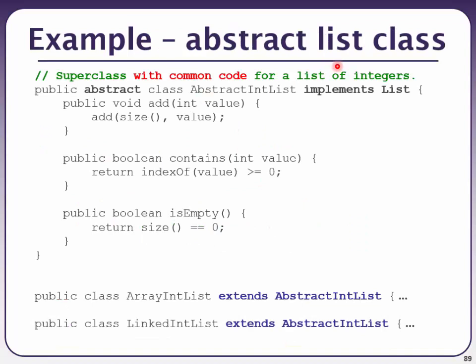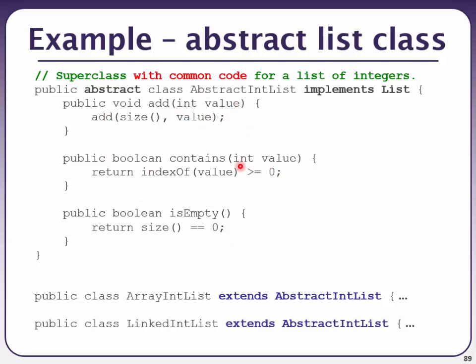So let's go back to our idea of a list class. Okay, here's public abstract class AbstractIntList. Okay, so we make it clear in the name that this is an abstract class, so there's no confusion. It implements the interface List. So that means that it's going to provide implementation for this method and this method. Okay, so here's an example of implementation. To add an int value, I do this.